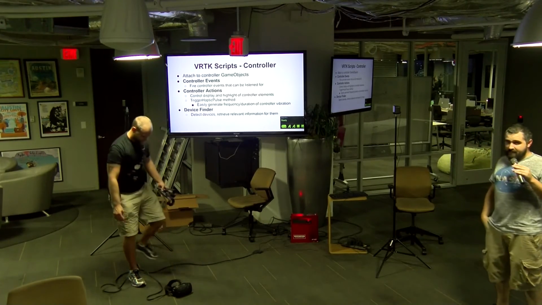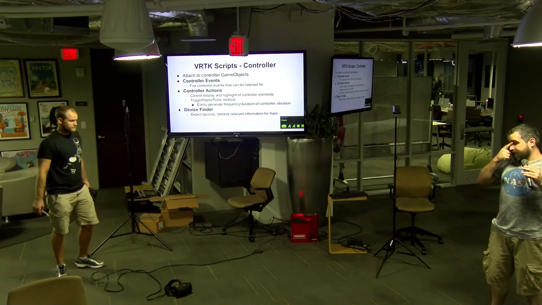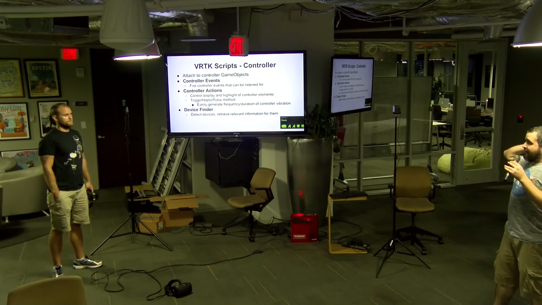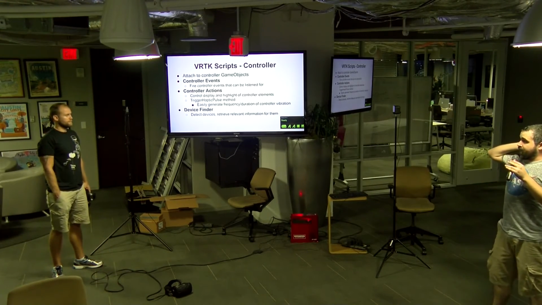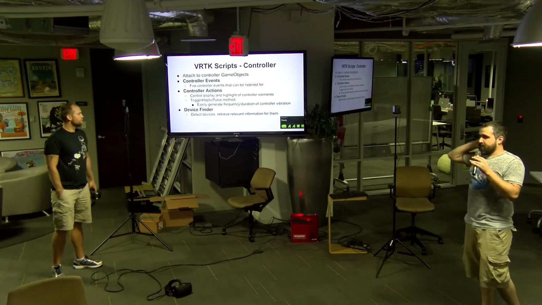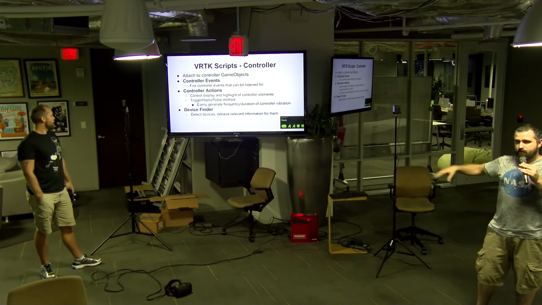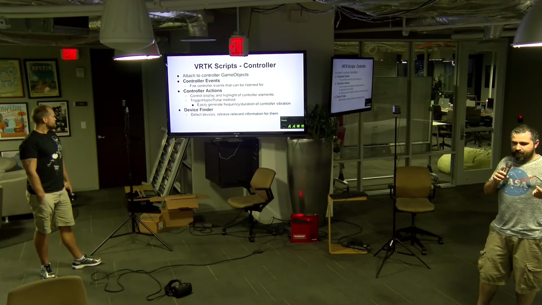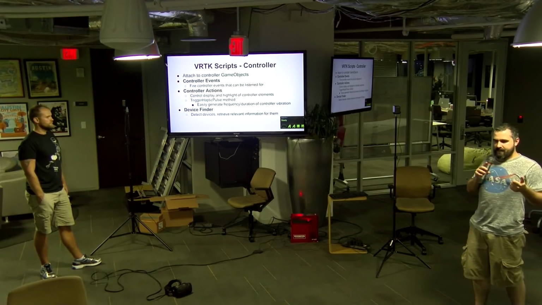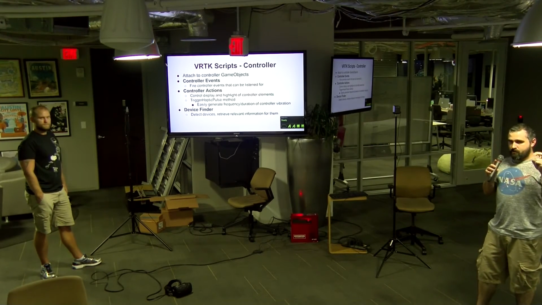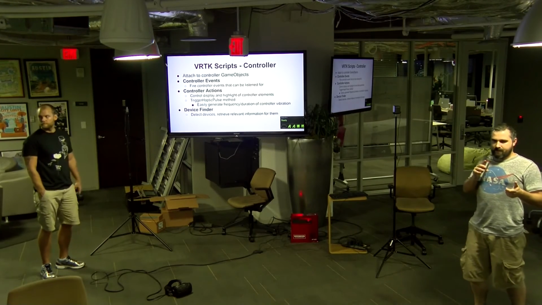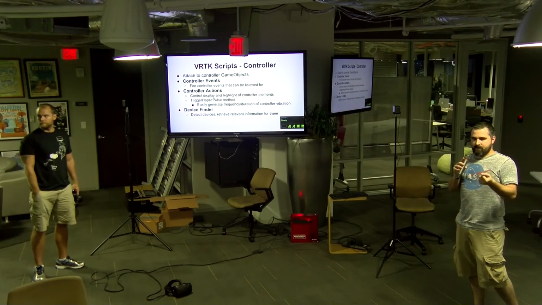So Unity has an event engine built in that the controller events script will allow you to fire off events for a controller. So you have the ability to set which control is use, which control is grab, which is normally the grip by default.